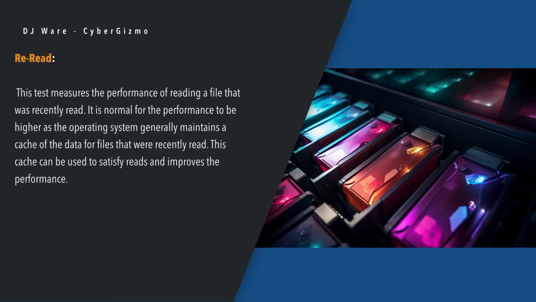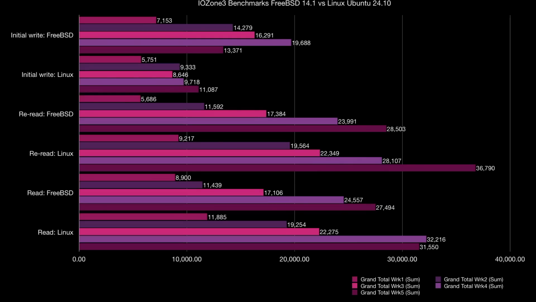What this is looking for is how much cache plays into read operations. And you'll see with ZFS quite a bit. All right, so speaking of that, let's take a look at the benchmarks.